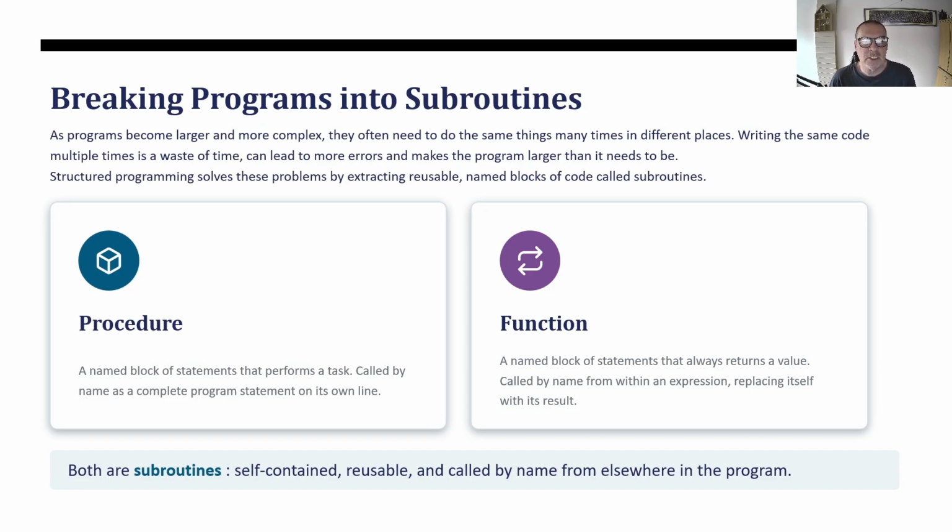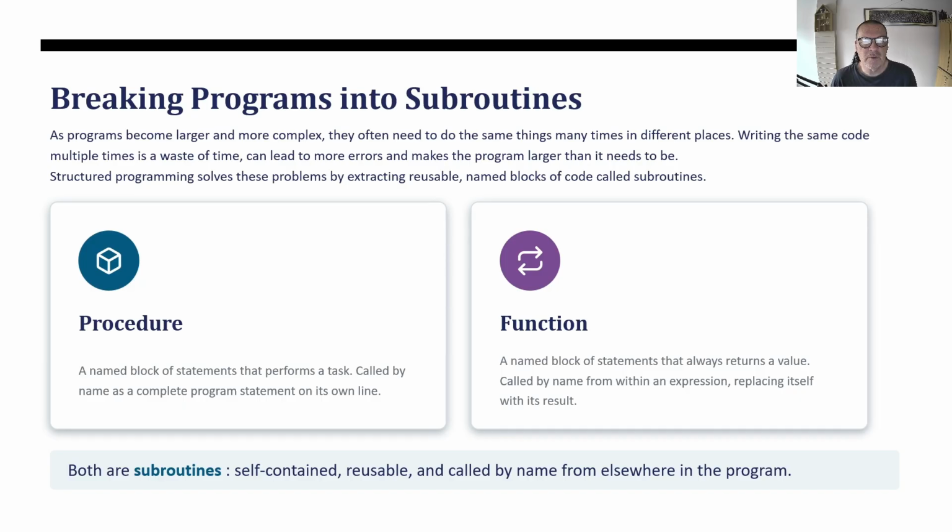A procedure is a named block of statements that perform a task. They're called by name and they're a complete statement on their own line of the program. A function is a named block of statements that always returns a single value. It's called by name within an expression and gets replaced by the value that it works out.